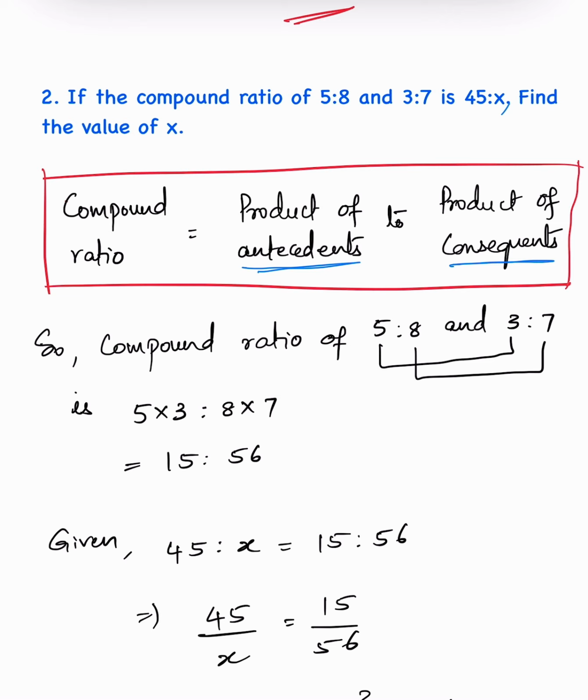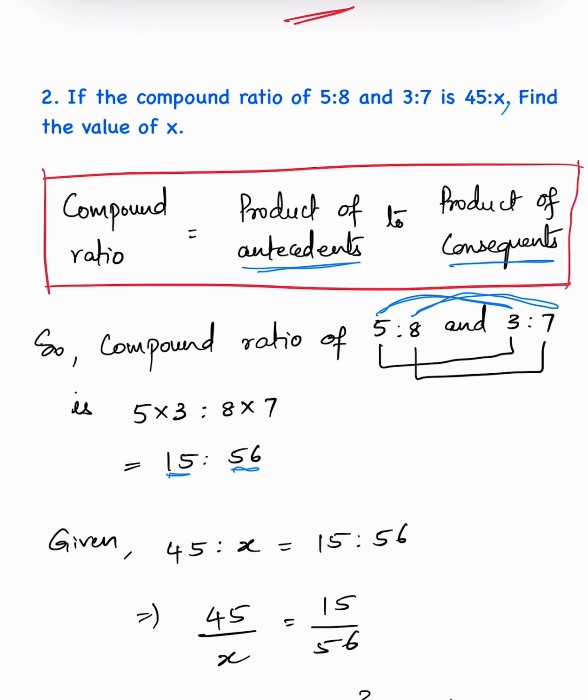So compound ratio of 5:8 and 3:7 is 5 into 3, which is 15, and then 8 into 7, which is 56. So the compound ratio of 5:8 and 3:7 is 15:56.